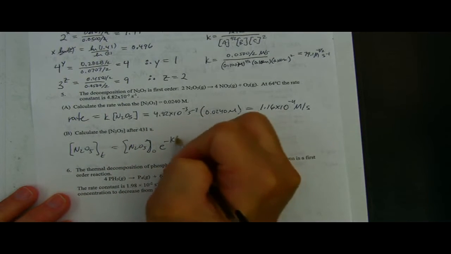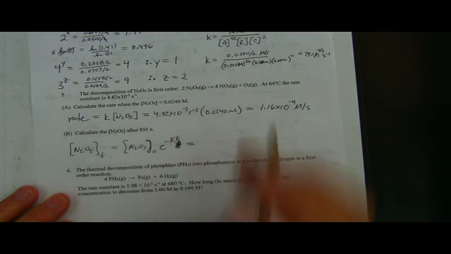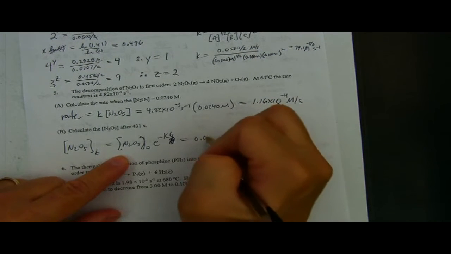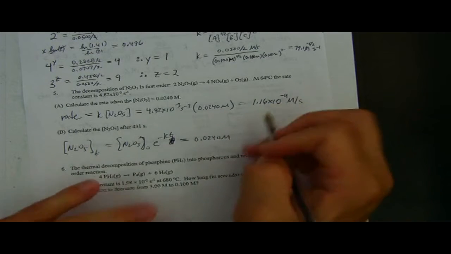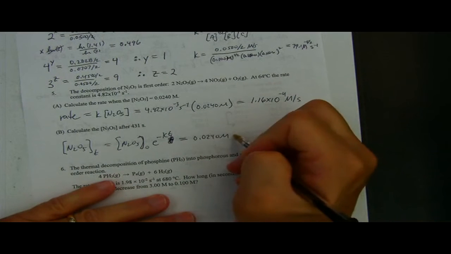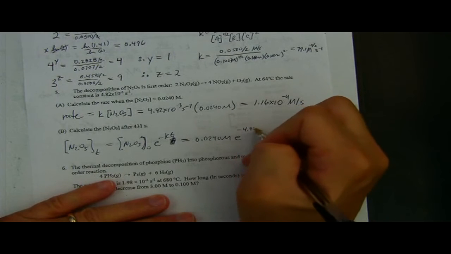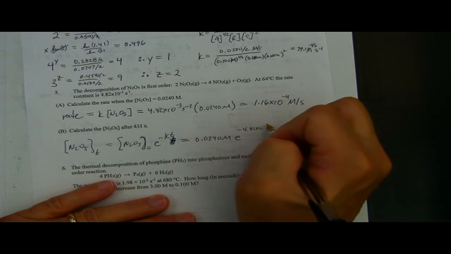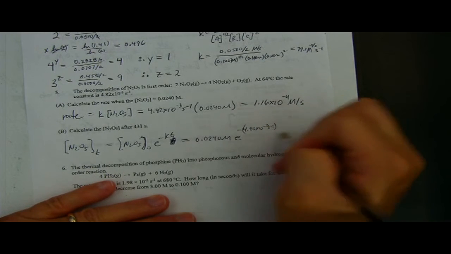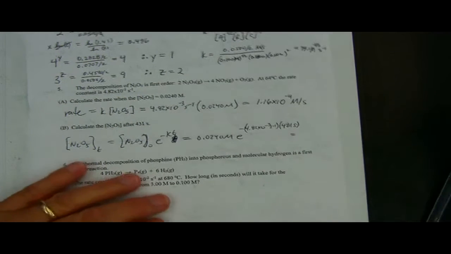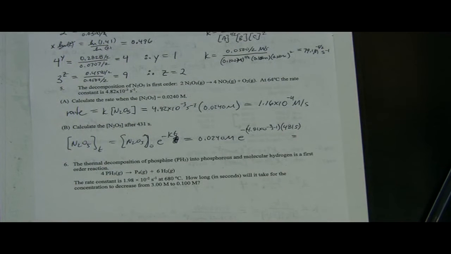So my initial concentration is 0.0240 molar, and e to the minus k, which is 4.82 times 10 to the minus 3 inverse seconds, multiplied by 481 seconds. And that'll allow me to calculate what the concentration will be at that later time.